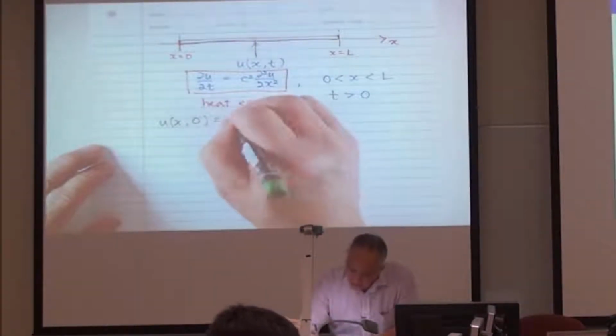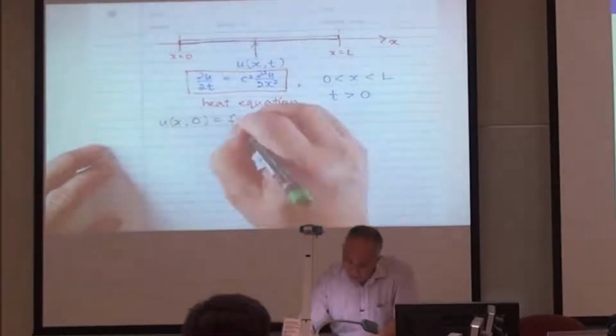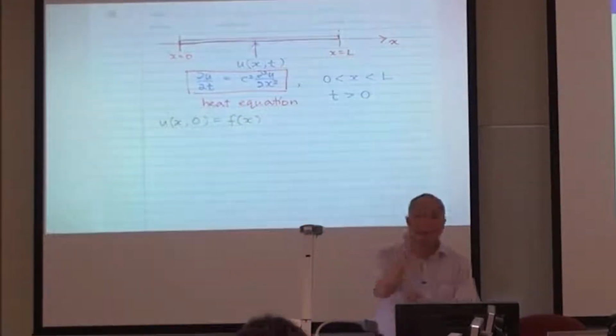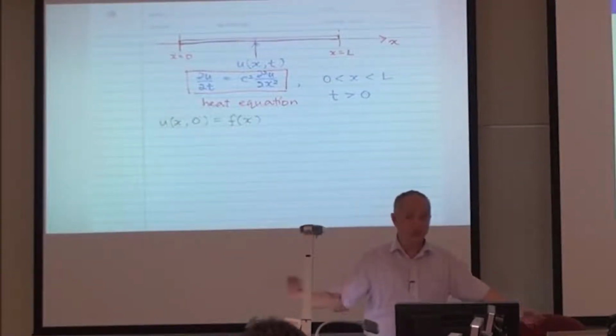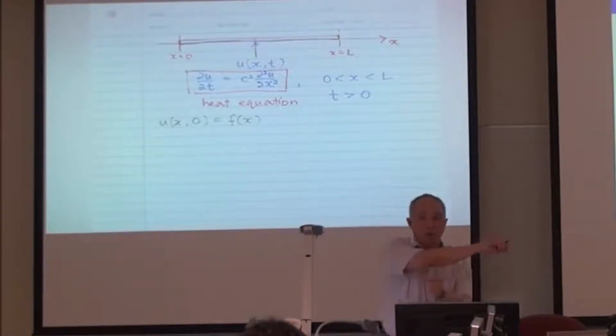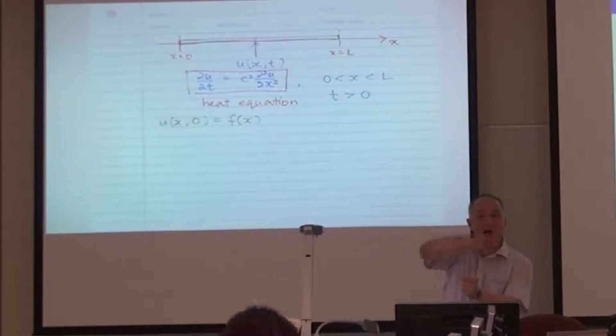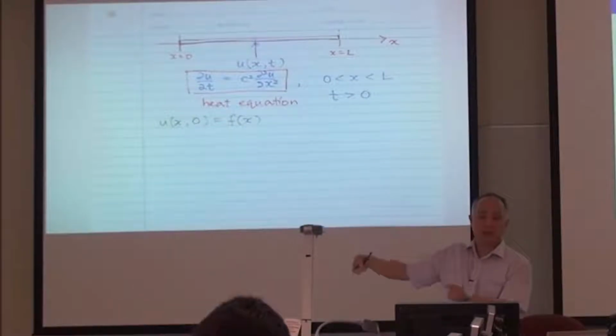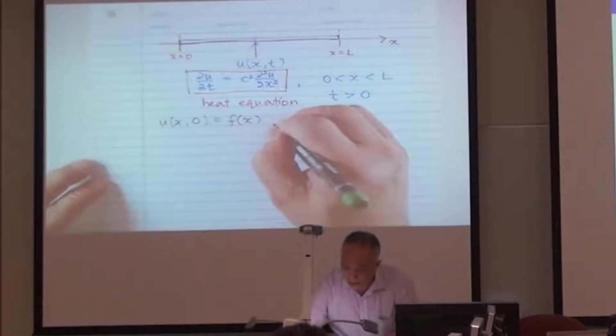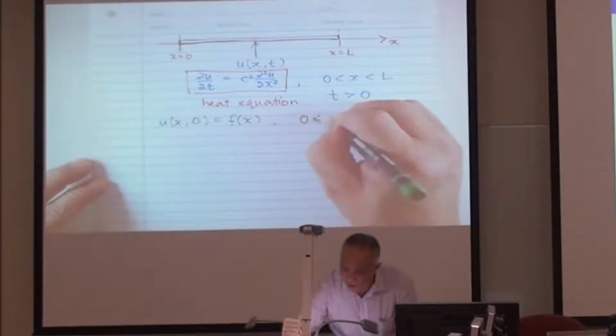So this can then be written as a function of x only, right? Because t equals 0, no more change in t. So at that point t equals 0, we only worry about how the temperature or the heat is distributed along the bar. And this will happen for all x.